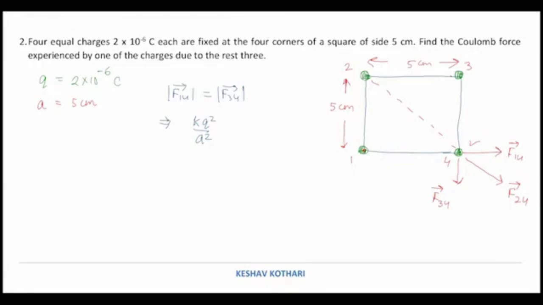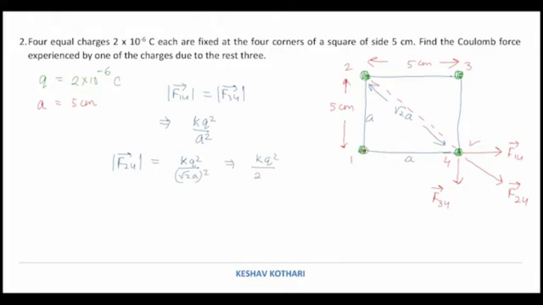Now if we talk about F24 magnitude, the separation between the two charges this time becomes root 2 a. So if the side length is a and a, the diagonal length will become root 2 a. So we write it as k q square upon root 2 a whole square, which is k q square by 2 a square.